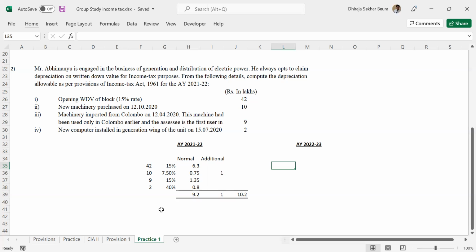However, for additional depreciation, 50% this year, the rest 50% next year. It is not waived off. I'll repeat: for additional depreciation, where the asset is put to use for less than 180 days, 50% is allowed this year. The rest 50% is not waived off completely. It will be allowed next year.